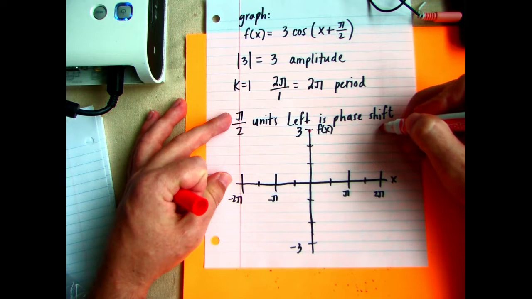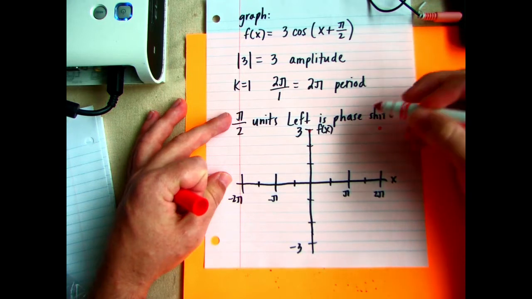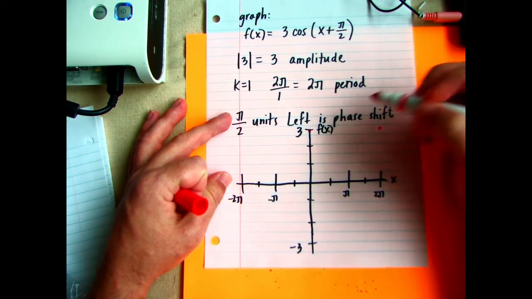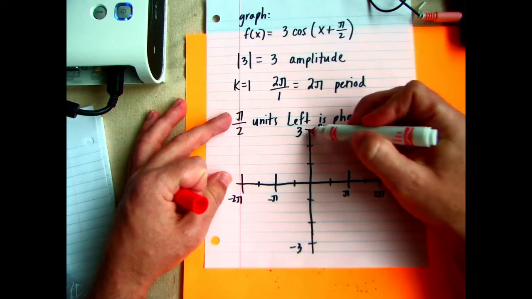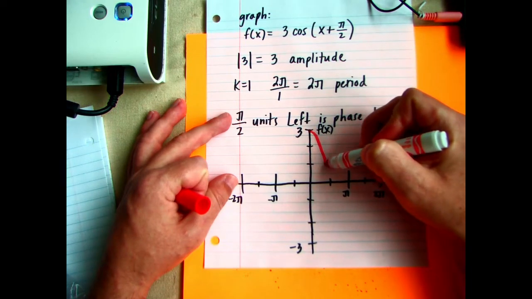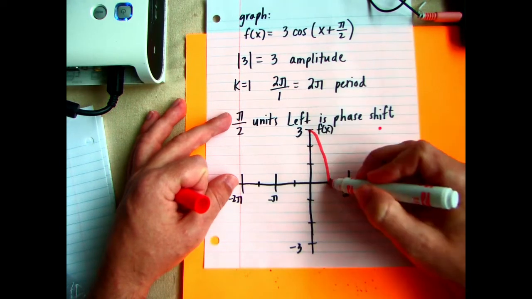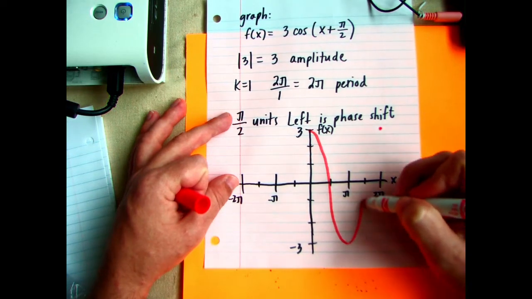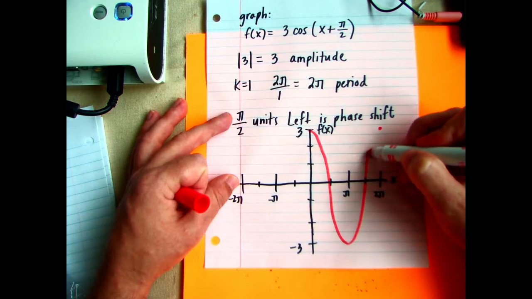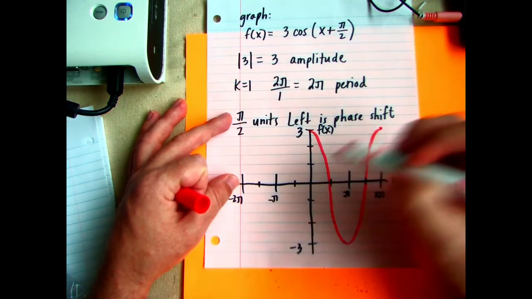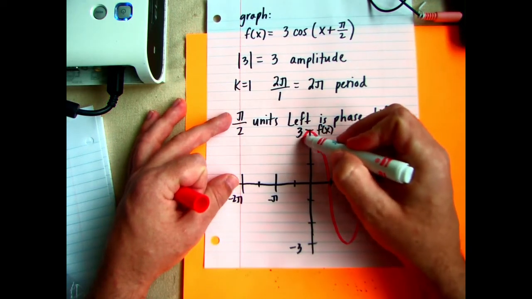So if the amplitude is 3, it's going to start at 0, 3. And 2 pi later is going to complete that wave. So I set myself up with a dot at 2 pi, 3. So there is one complete wave.